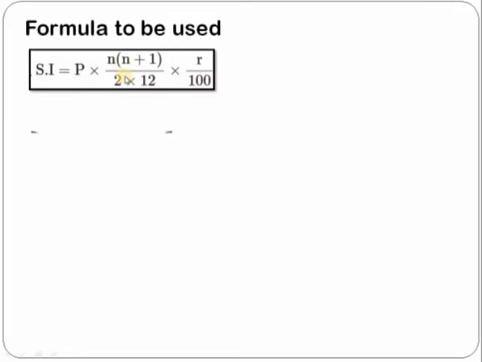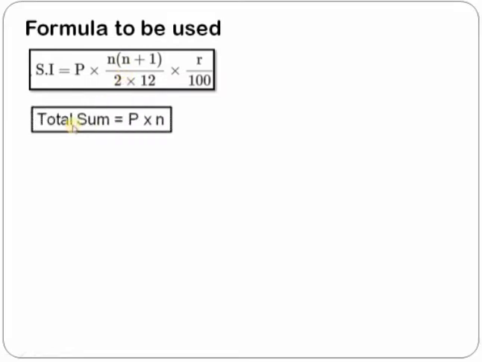Another is the formula for total sum. For example, let's assume that you're depositing rupees 1000 every month, and you are going to deposit that sum for maybe 15 months.